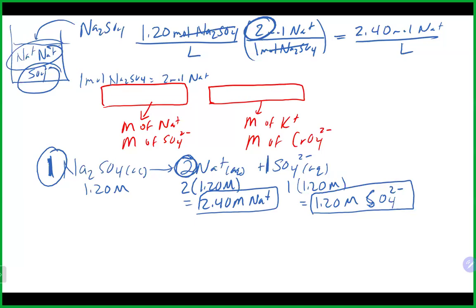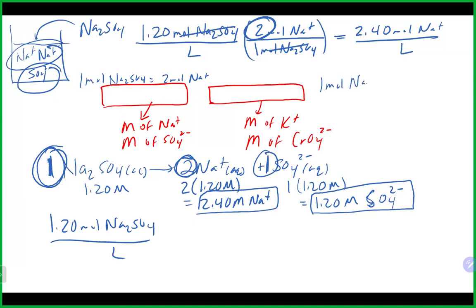And it's the same thing if you did the sulfate. You would start with your 1.2 moles of sodium sulfate per liter. From the equation, again, it's a 1-to-1 relationship. So for every 1 mole of the whole thing, we get 1 mole of just the sulfate ions.